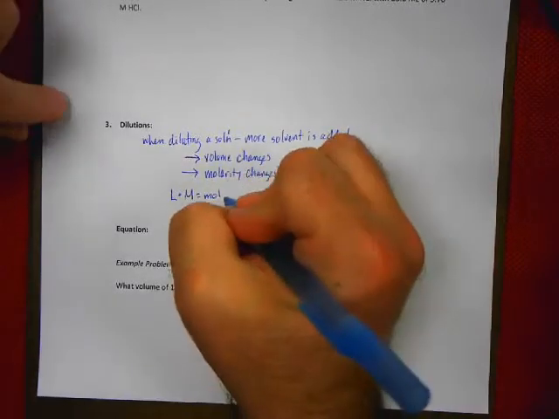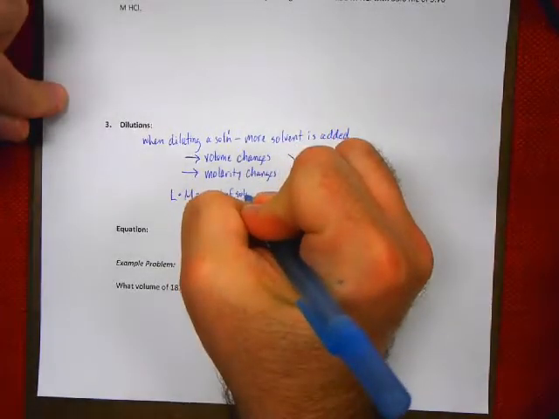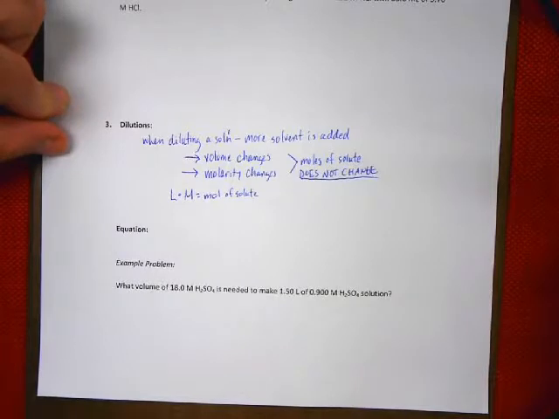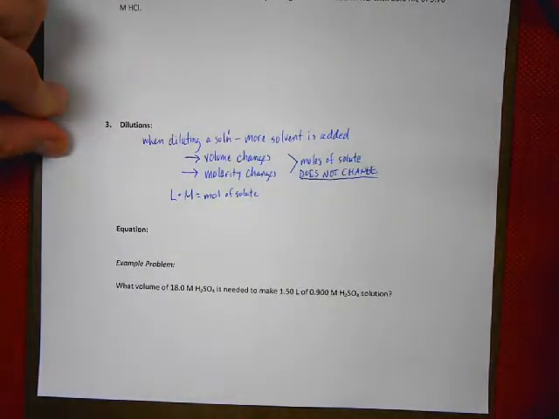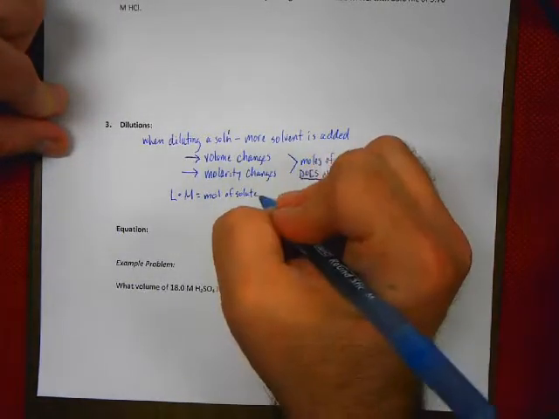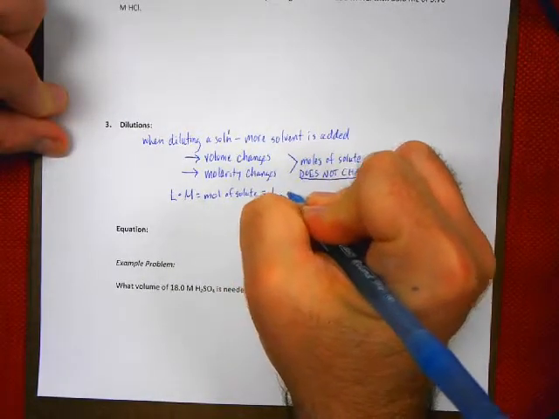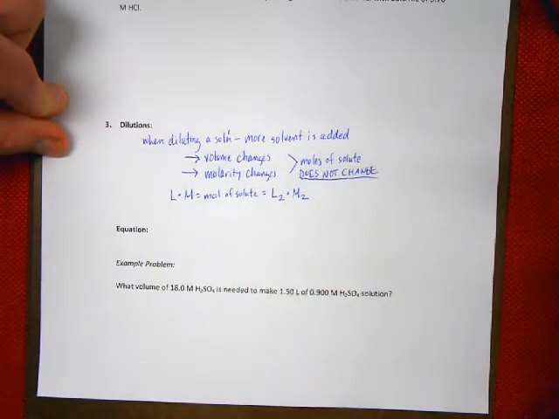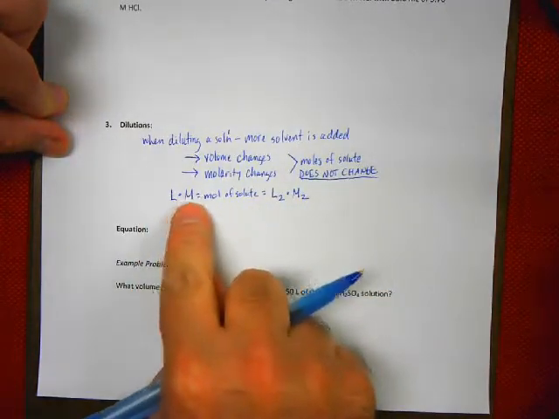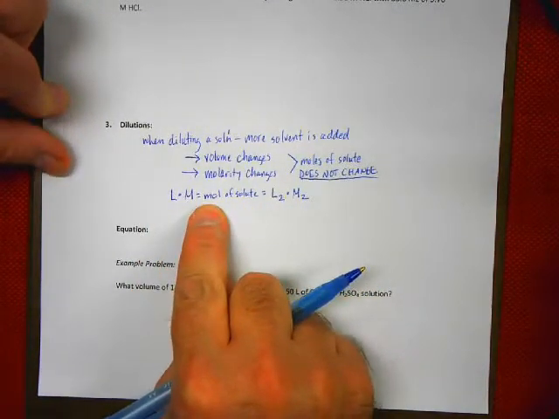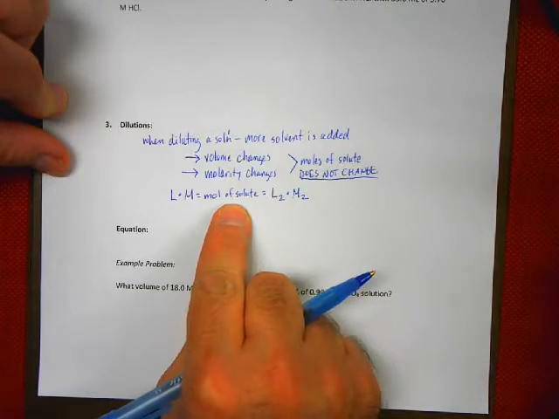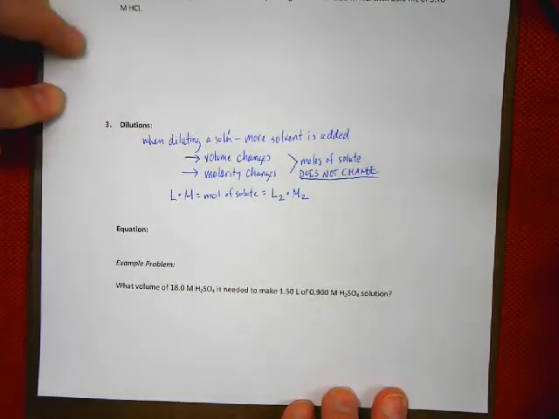We know that that is equal to the moles of solute. So if we just change the liters, we change the molarity, we don't change the moles of solute, we could get a second volume times our new molarity. So since both of these are equal to the moles of solute, we end up with an equation.